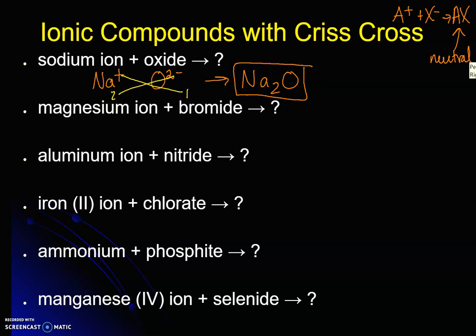All right, magnesium ion is in column 2, so that's Mg2 plus. Bromide is in column 17, so that's Br minus. And we are going to crisscross that 2 plus and that 1 minus. Our common multiple is 2. So how many of each thing do we need?